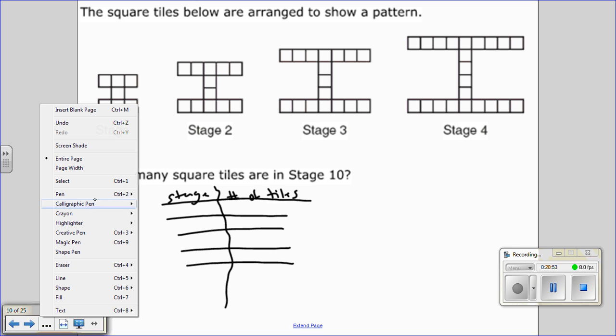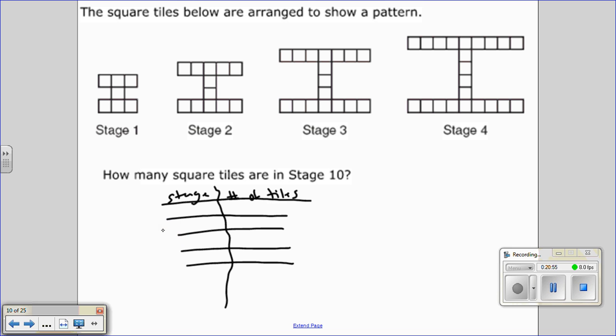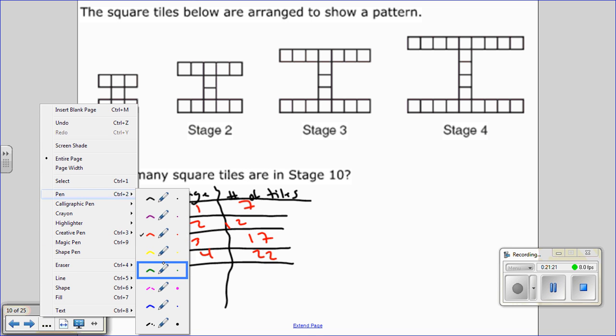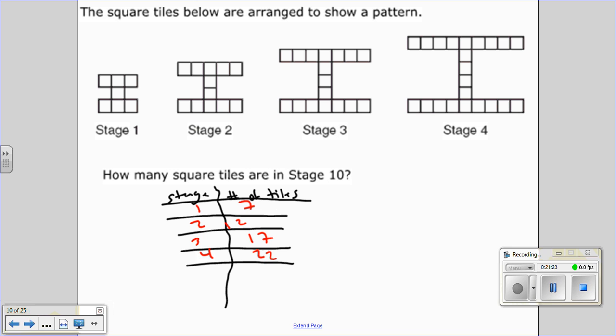So what you'll notice is that stage 1 had 7 tiles. Stage 2 has 12 tiles. Stage 3 has 17 tiles. Stage 4 has 22 tiles. So the pattern you should realize is that each stage increases by 5 more tiles.